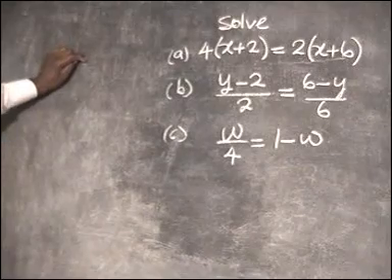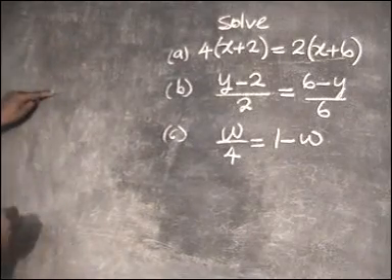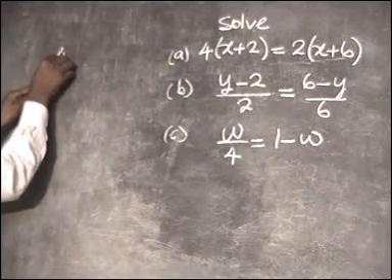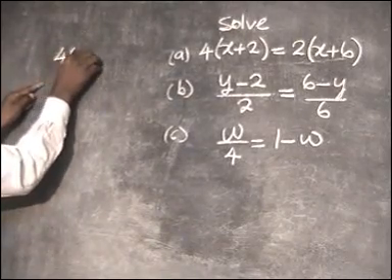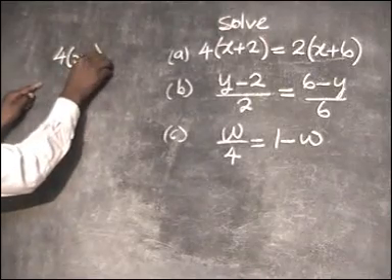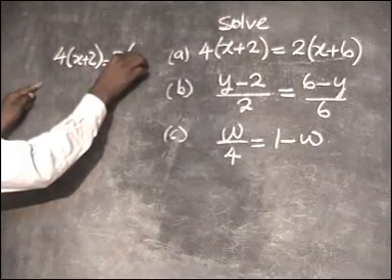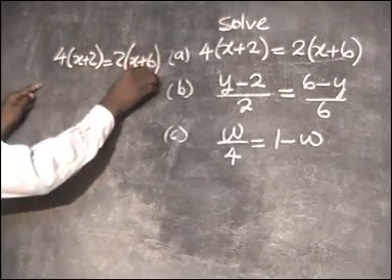I have to copy the problem there so that I show how it can be solved. This is 4 outside the brackets, inside the brackets x plus 2, then equals 2 outside the brackets, inside the brackets x plus 6.